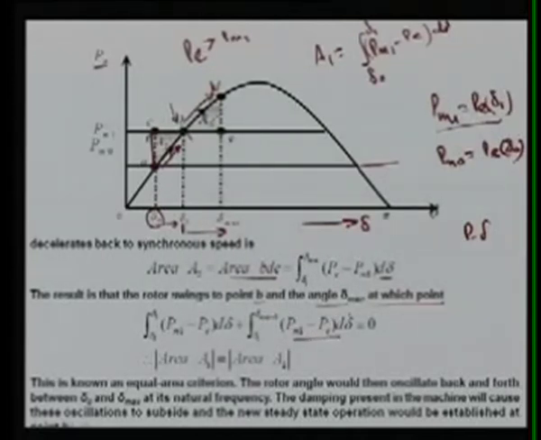What is happening? Now you can see this is nothing but your minus area 1. So I can write this is nothing but area A1 minus area A2 is equal to 0.